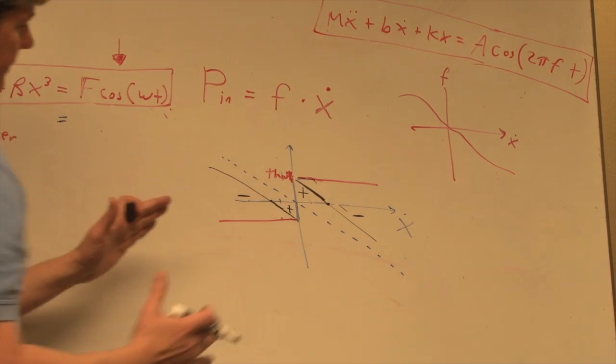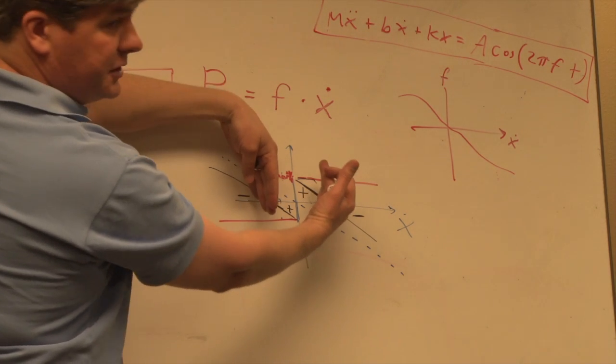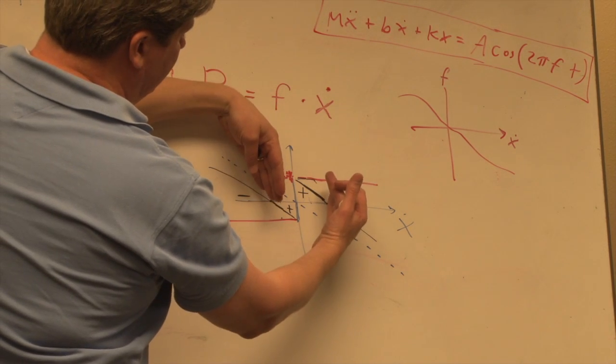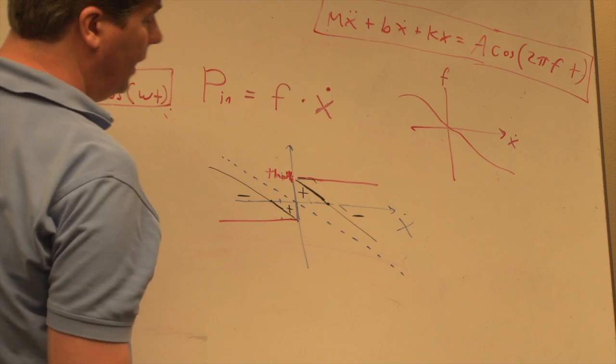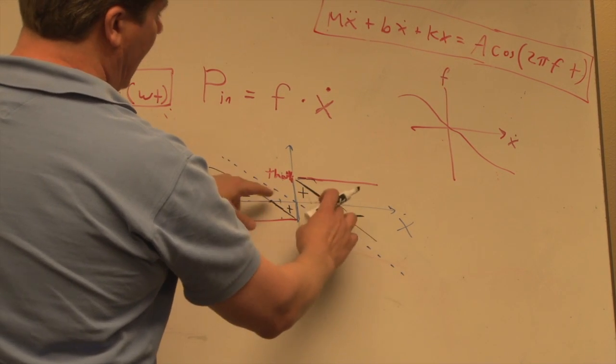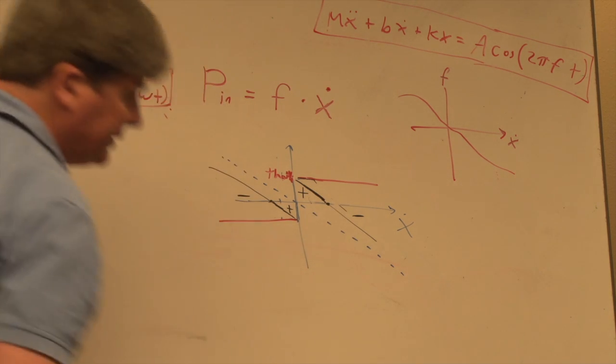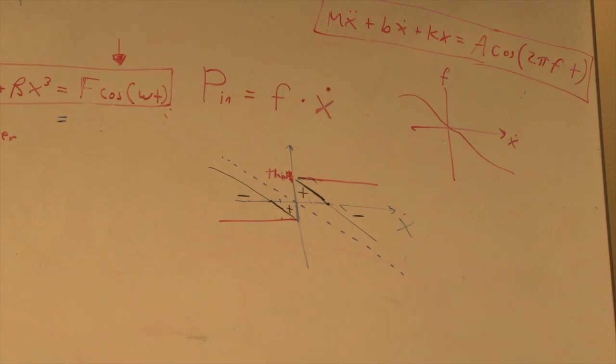So in this region you're adding energy to the system overall. Out here, you're taking energy out, so it's going to achieve some equilibrium where the average velocity in some sense is that velocity, and that's why it's a stable oscillation.